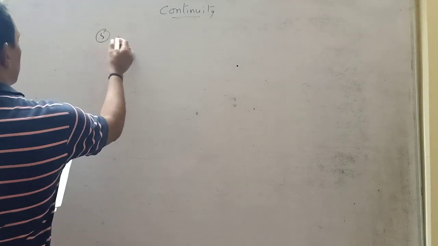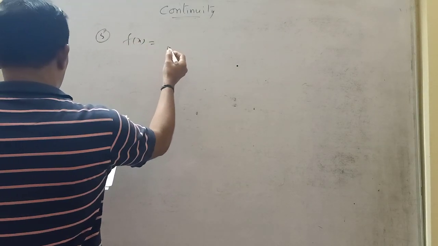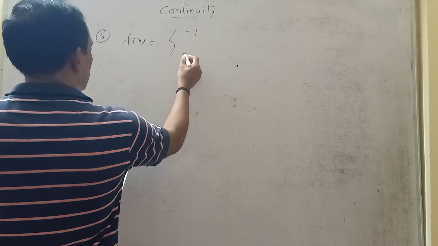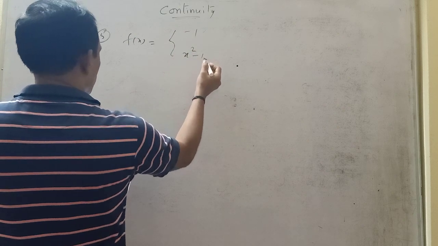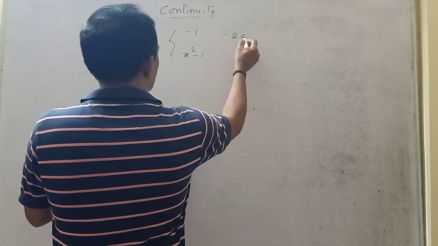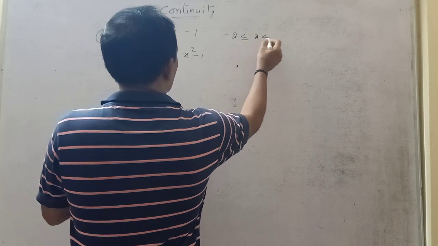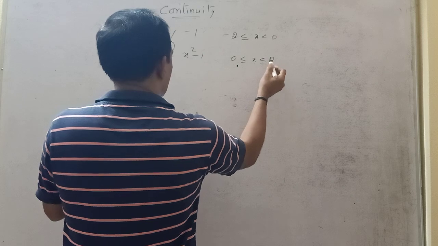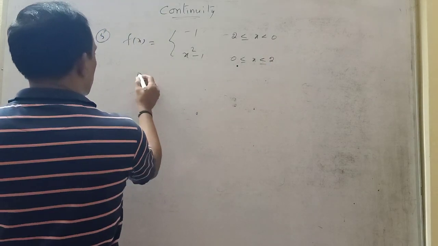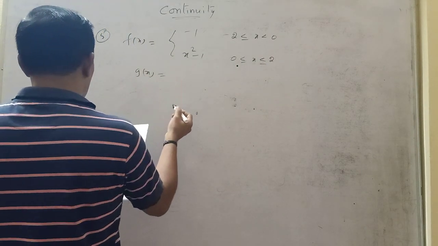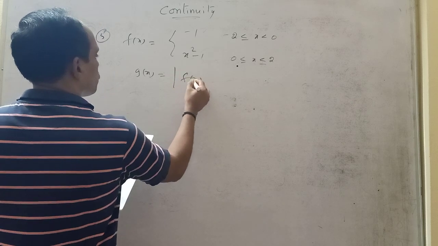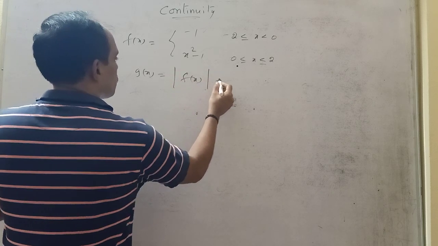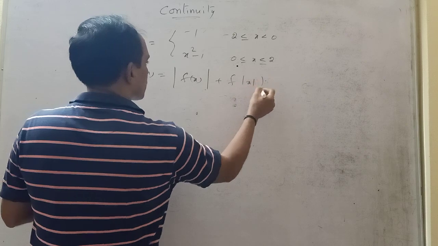next, the fifth question. f of x is equal to minus 1 for minus 2 less than or equal to x less than 0, and x square minus 1 for 0 less than or equal to x less than or equal to 2. And g of x is equal to the modulus of f of x plus f of mod x.